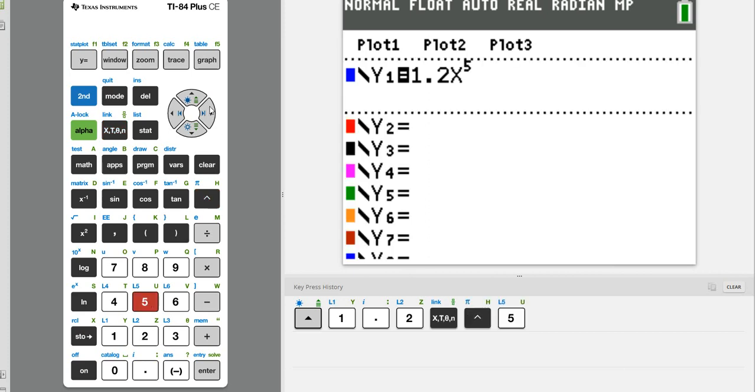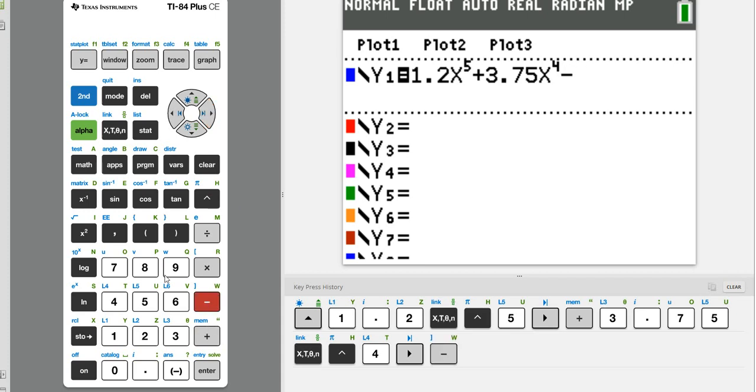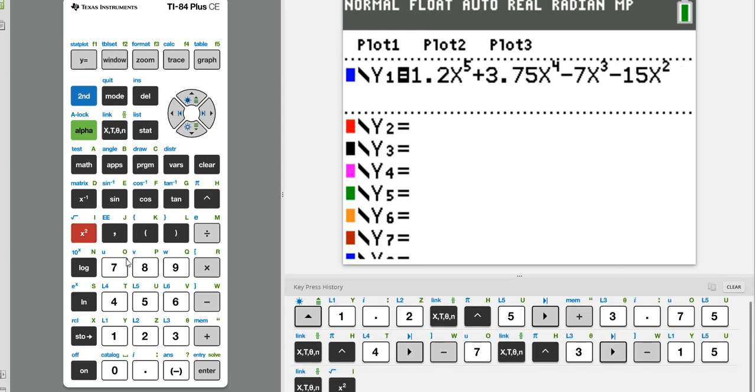Now when you raise it to the 5th, hit the right arrow to get out of the exponent before you start typing again, plus 3.75x to the 4th, right arrow, minus 7x cubed, minus 15x squared, plus 18x.